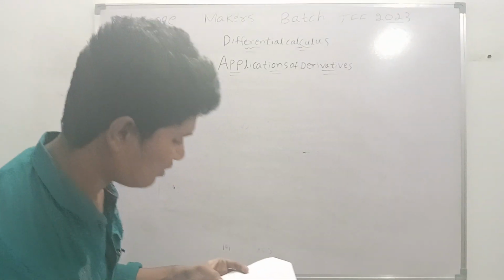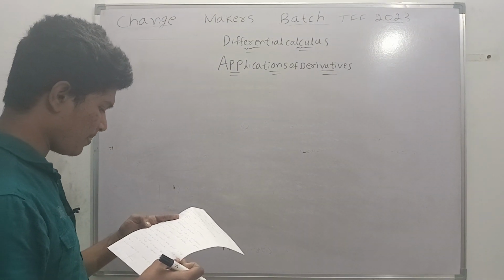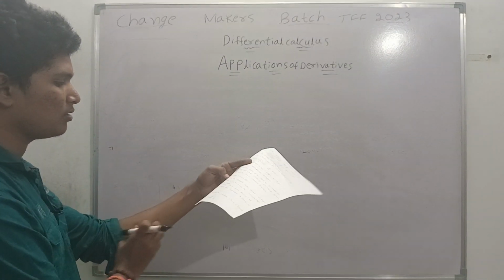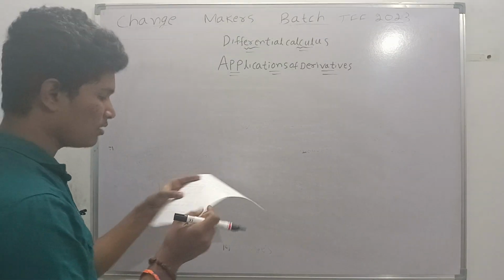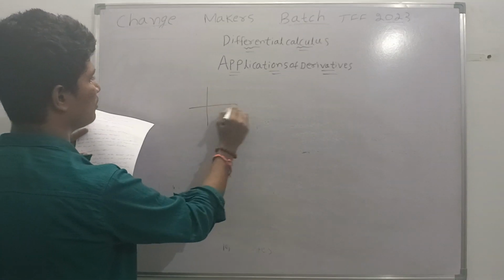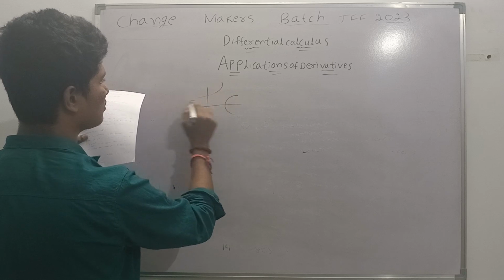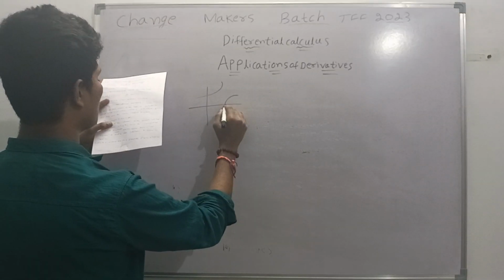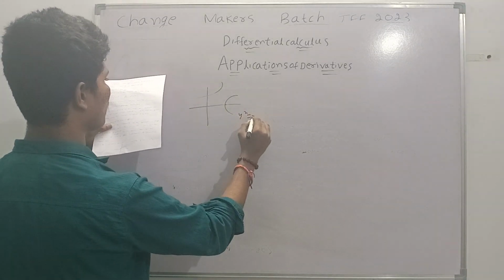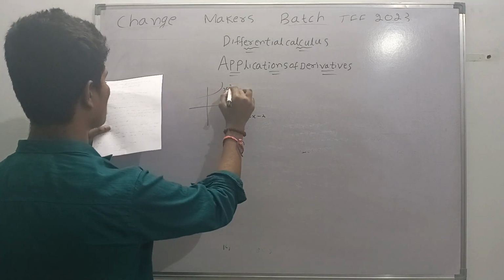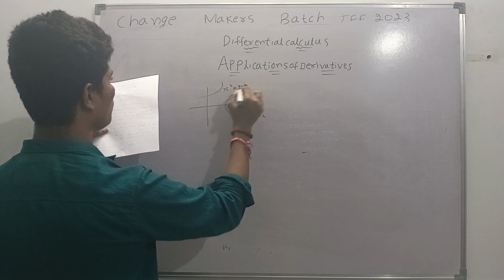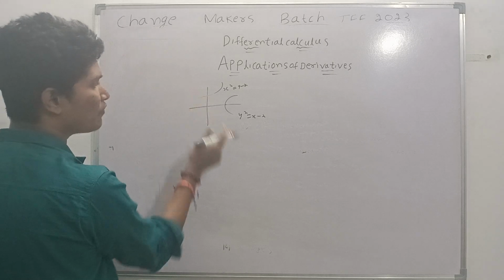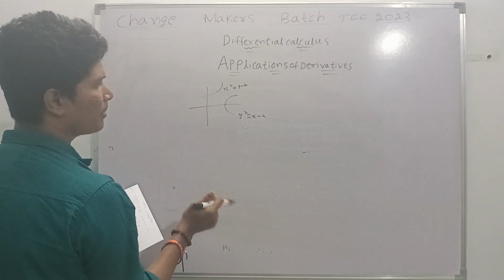See here, there are two parabolas. One equation is y square equal to x minus 2 and the other is x square equal to 4y minus 2. What they are asking is to find the shortest distance between them.